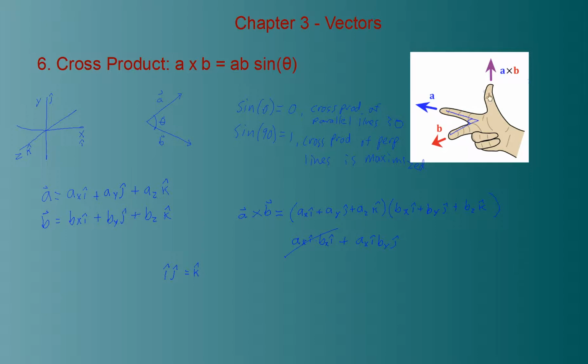And your thumb points straight up so that it's 90 degrees between your pointer finger and your thumb. That points in the direction of the cross product. So you can see if you take your pointer finger and you go that way, in the I direction, and then you take your middle finger and you point it up in the Y direction, then your thumb is going to point out of the page.